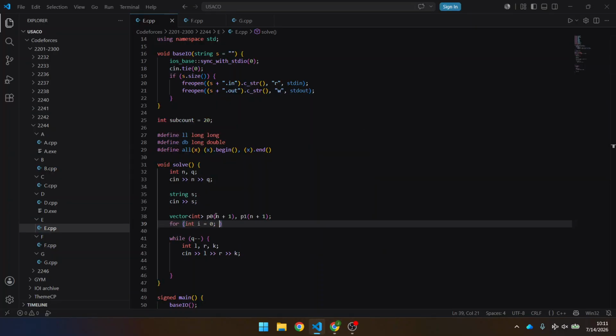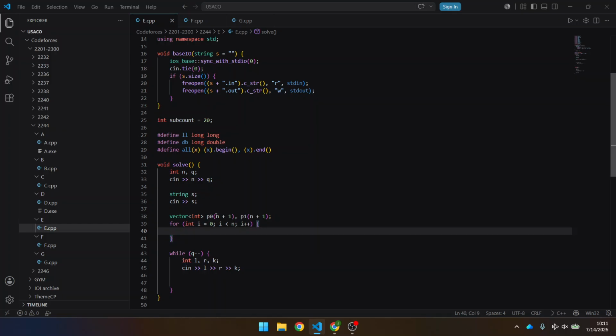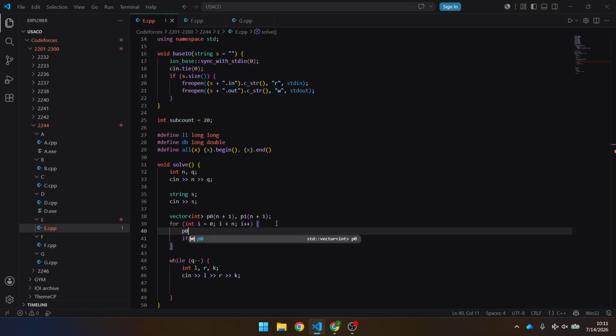Okay. For i equal to 0, i smaller than n, i plus plus. If si is equal to 0 and i mod 2 is equal to 0, p1 i plus plus.